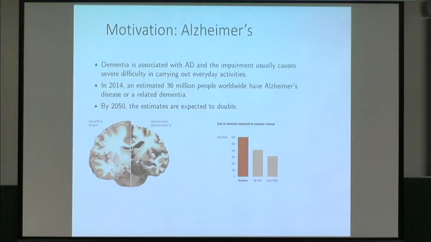So the motivation for this talk is that we've been working for quite some years on measuring brain changes during dementias, especially Alzheimer's, but also other types of dementias. This is the driving application that I'm going to use during the talk.